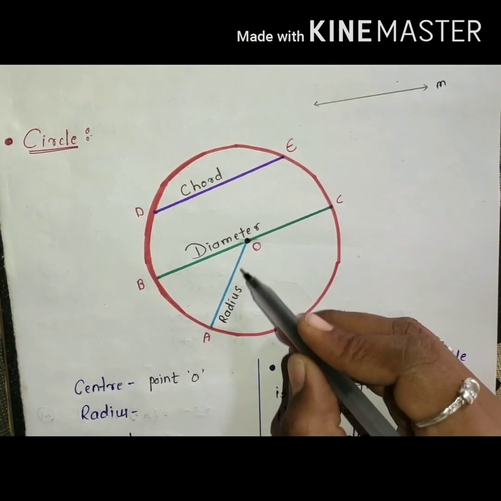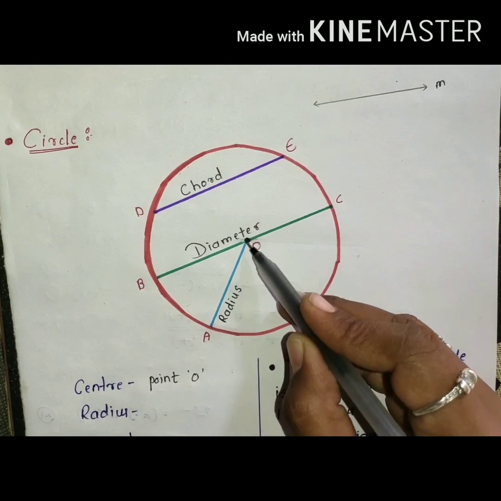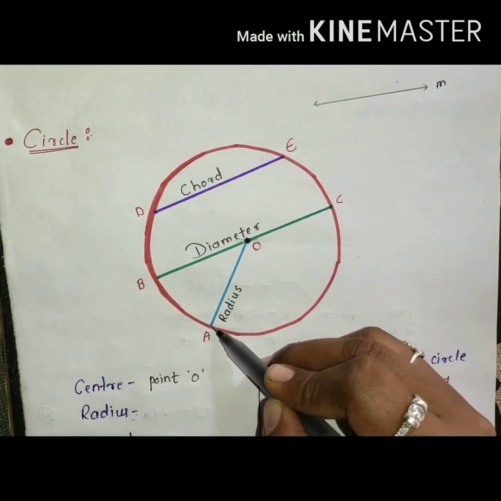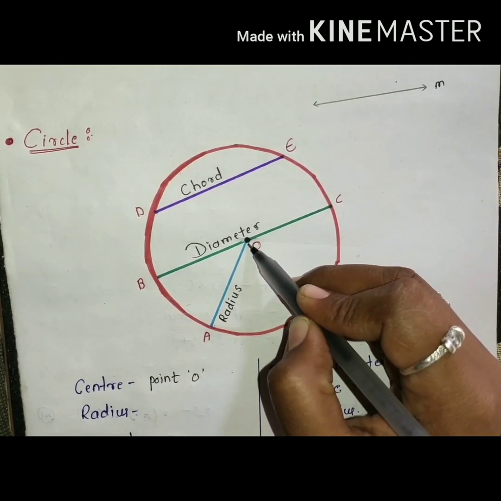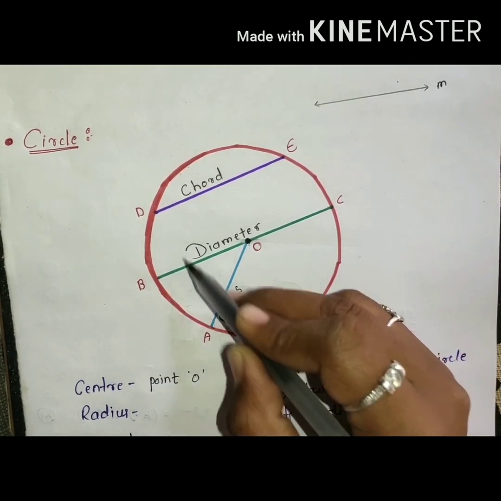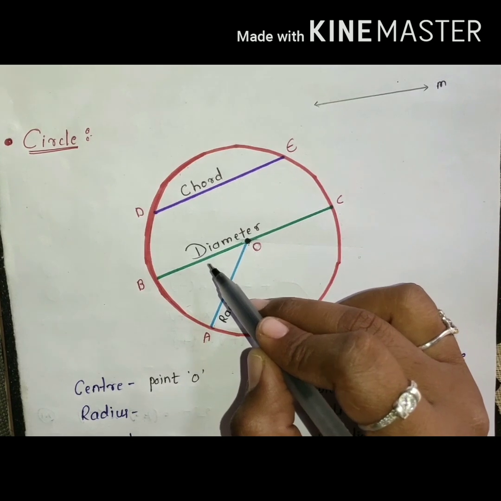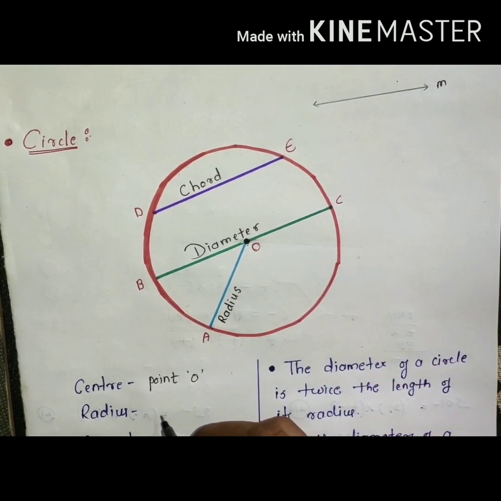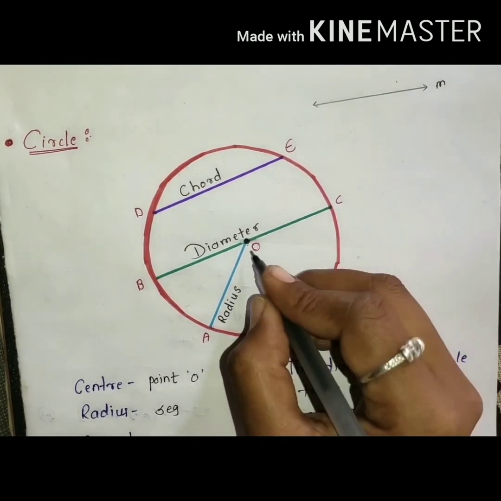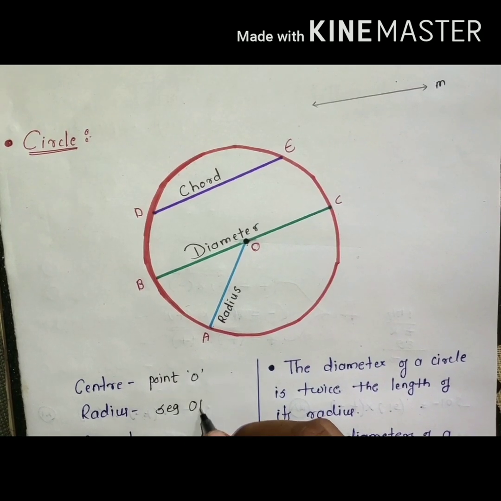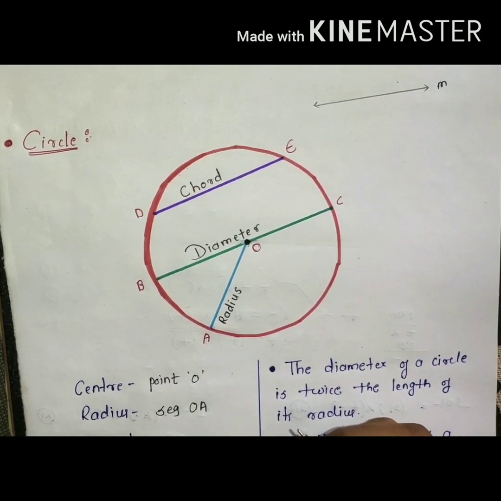What is meant by radius? A segment joining the center to any point on the circle is called the radius. That means over here segment OA is the radius of the circle.